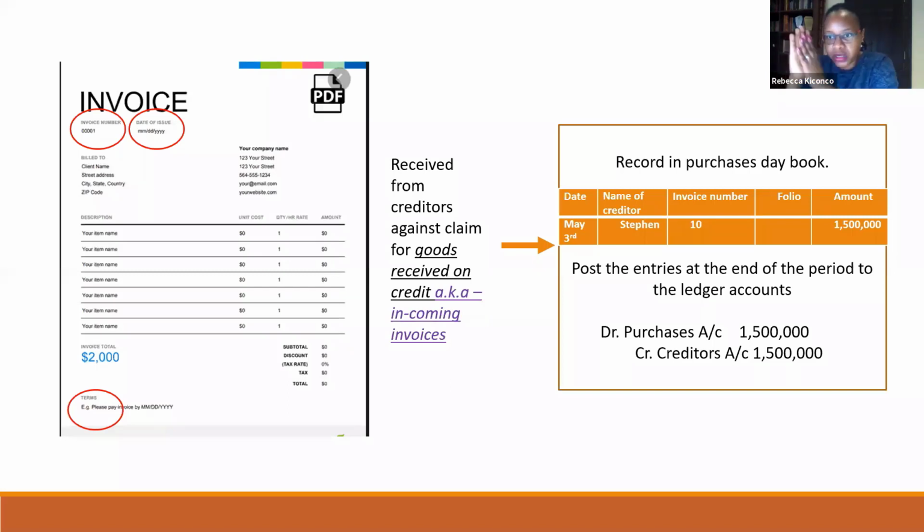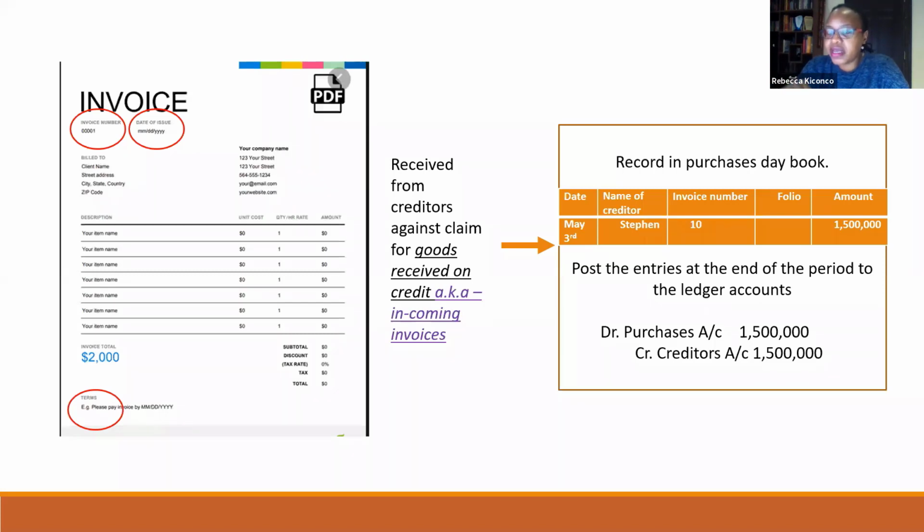You remember our book? We have a ledger page. On that page, we record creditors. Creditors are liabilities, and because they are liabilities, when they increase, we credit. So we shall credit our creditors account with 1.5 million shillings, and this is against an asset that we acquired, or a resource that we acquired in the business, called purchases.